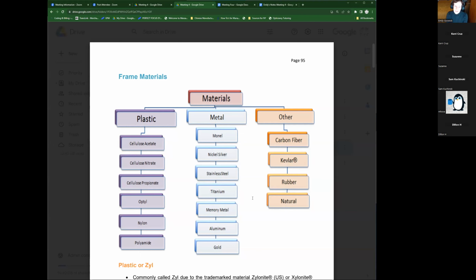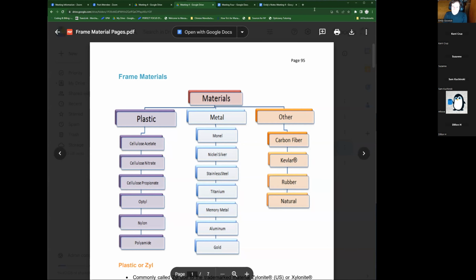In this case, you want to know what typical frame materials are, and you want to be able to know what their properties are. It's honestly fun to talk about, but you have to memorize it, that's the long and the short of it. So let's go through a little bit about this.